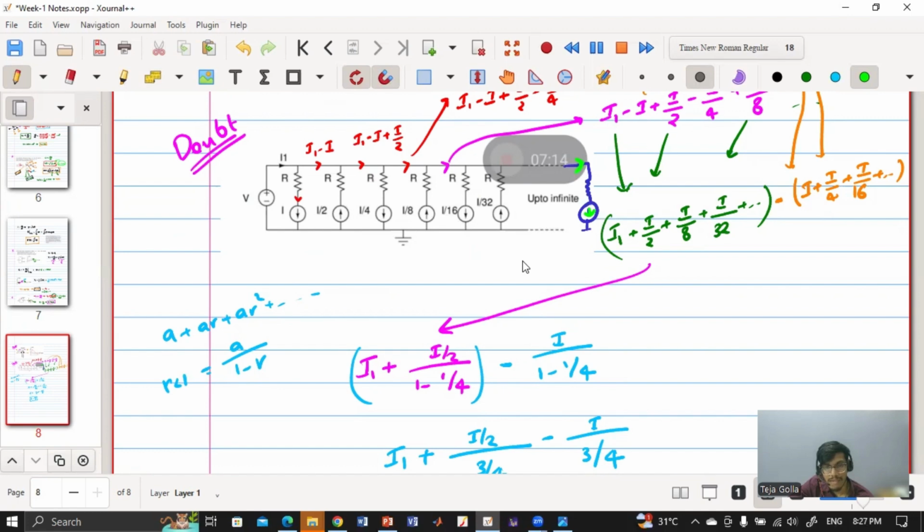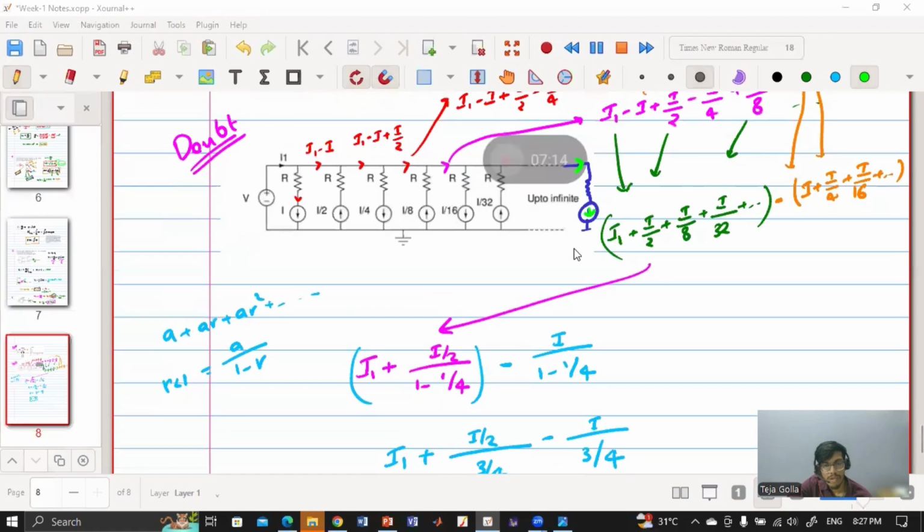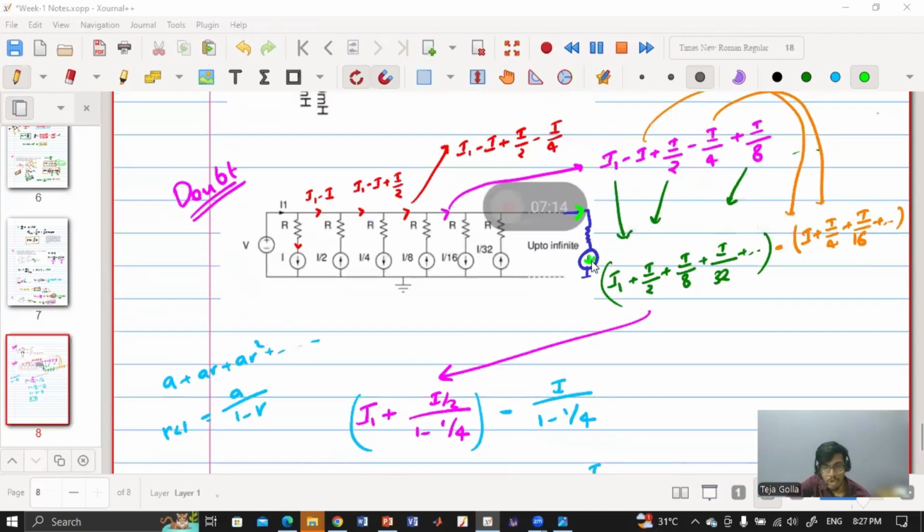Applying KCL, agree? Yes or no? Because now we are in the infinite one, so there is nothing on the right side. So whatever current expression we have calculated should be equal to this value.